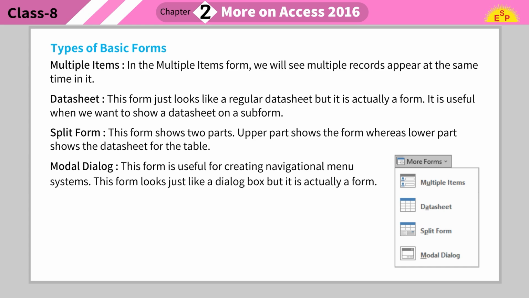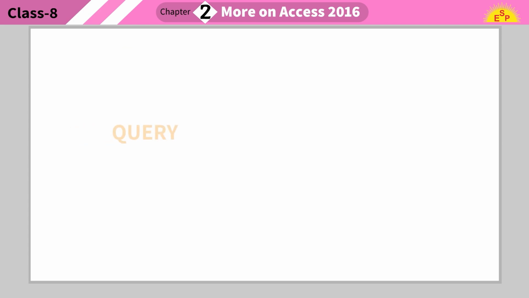Split form. This form shows two parts. Upper part shows the form whereas lower part shows the datasheet for the table. Modal dialog. This form is useful for creating navigational menu systems. This form looks just like a dialog box, but it is actually a form.